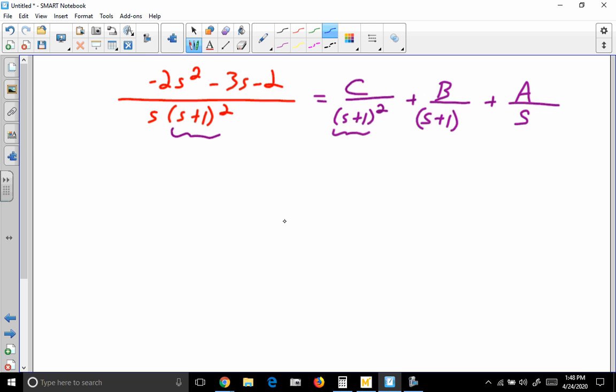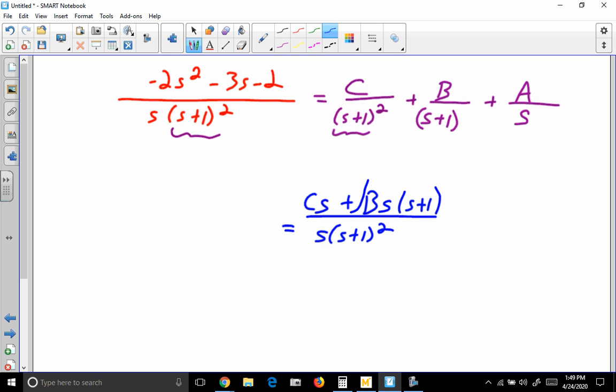So our common denominator is going to be s times s plus 1 squared. This first fraction, to get that common denominator, would have to pick up an s on top and bottom. This next fraction would have to pick up an s plus 1, so that we have an s plus 1 squared. This doesn't have just an s, so it would have to pick up an s also.